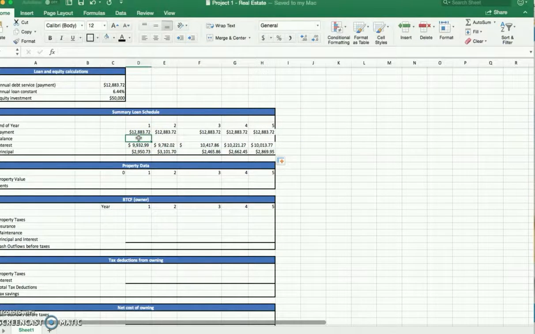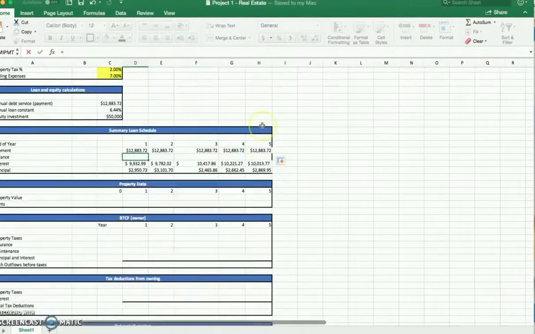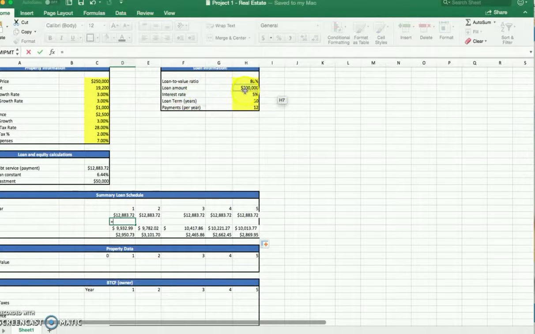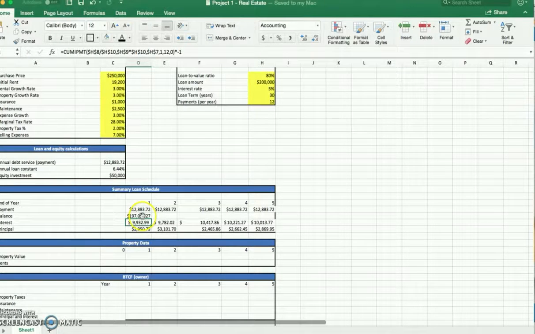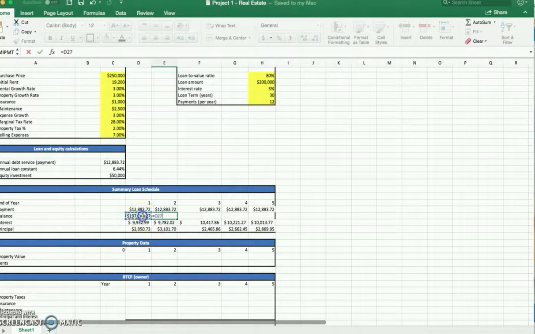The balance is going to be the loan amount minus the principal. And then for this one, just take this minus that, and then you can drag it.